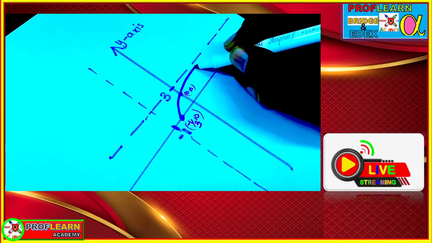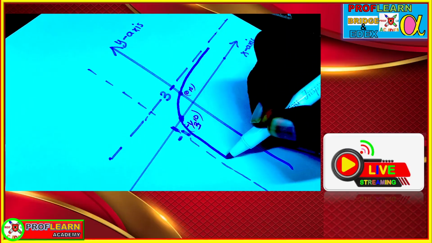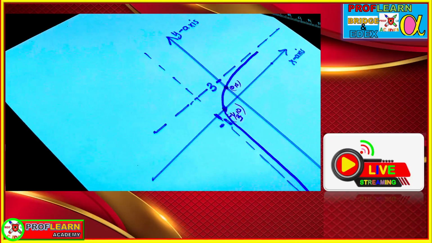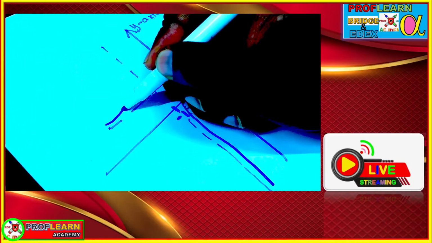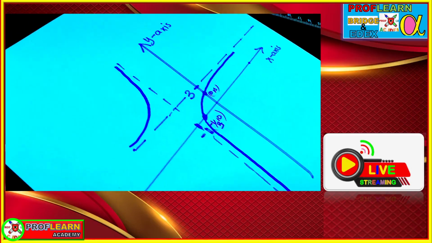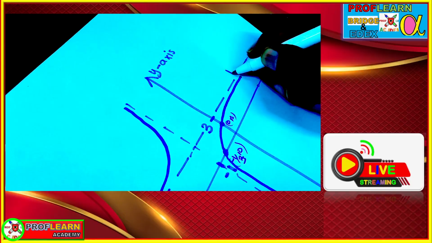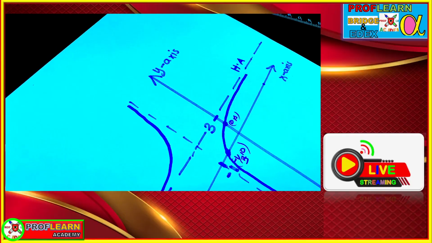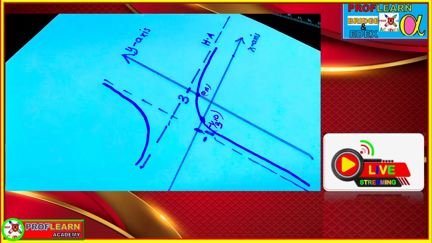It will never touch those dotted lines, and the other part of the graph is going to pass through here like that. This is the horizontal asymptote, and this is the vertical asymptote. Asymptotes are the lines the graph is not going to cross.